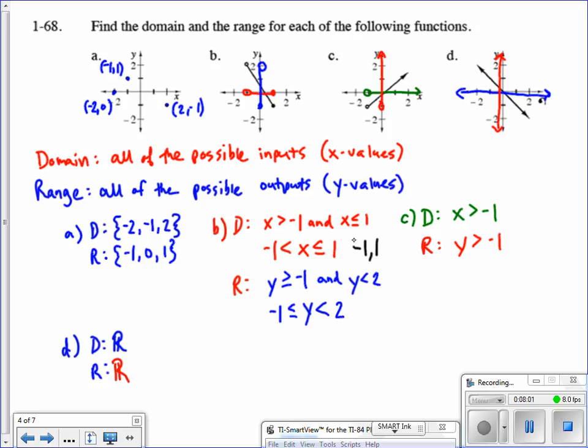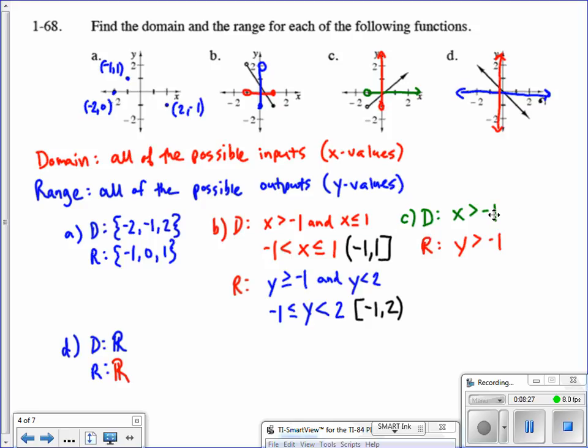We are not including -1, but we are including the +1 as part of the domain. The range, we've got -1 to 2. So we are including -1, but we are not including 2 because it's an open circle.